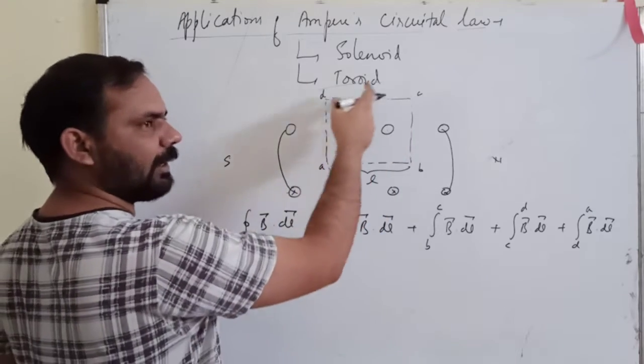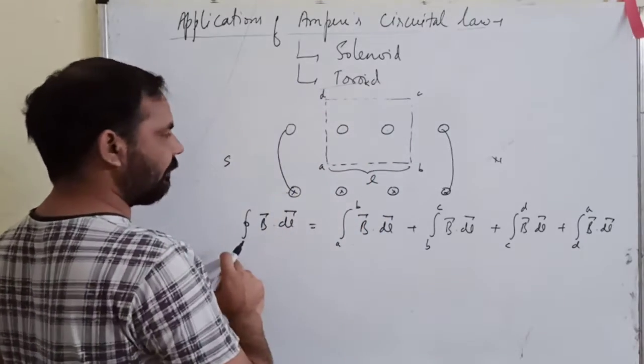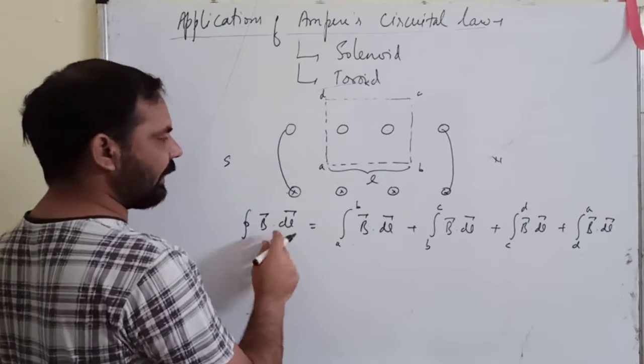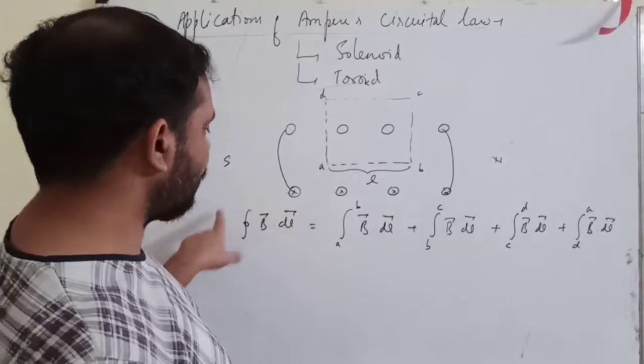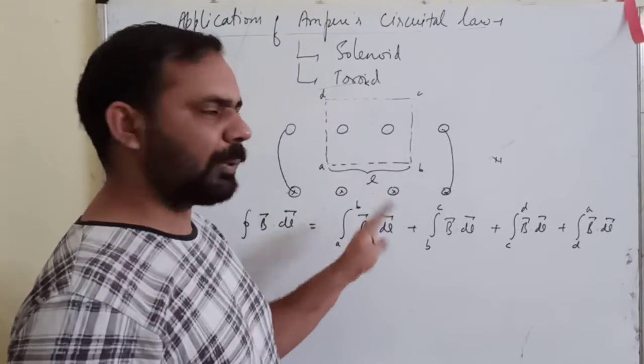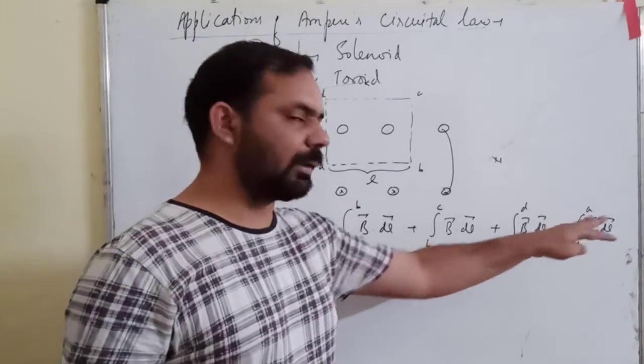We have considered a loop, and we are finding what is B vector dot dl vector for this loop ABCD. Now to get this total value, we can divide that loop into 4 parts.